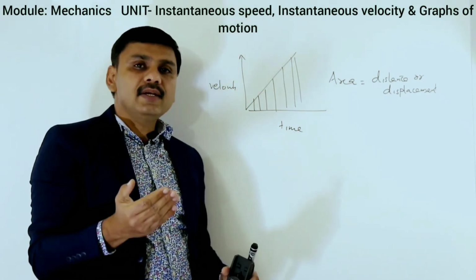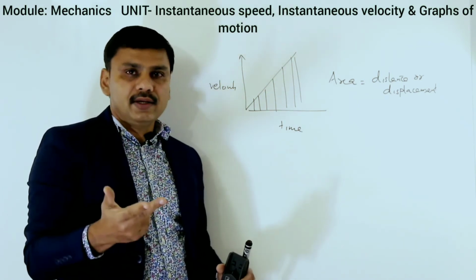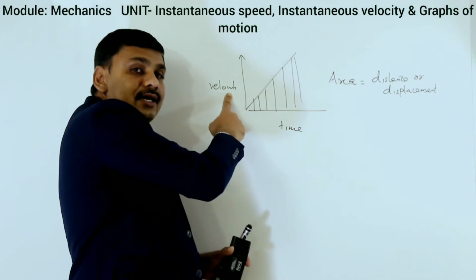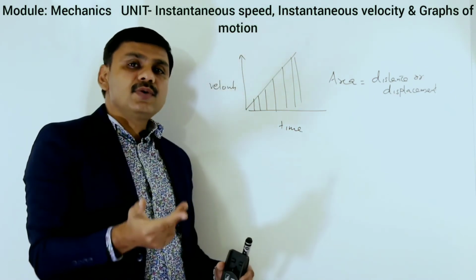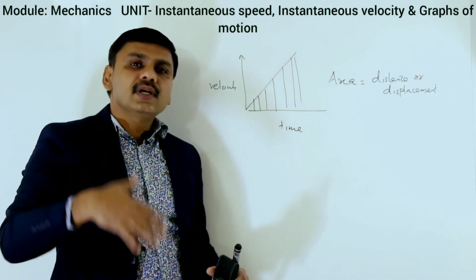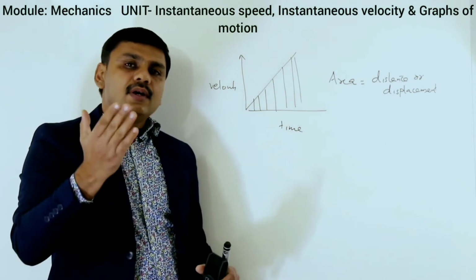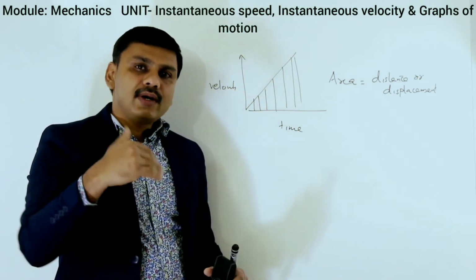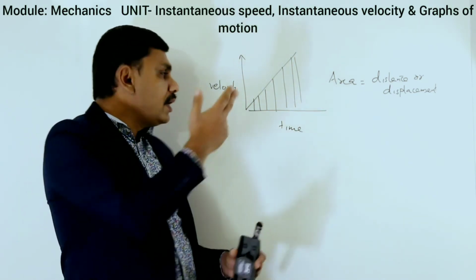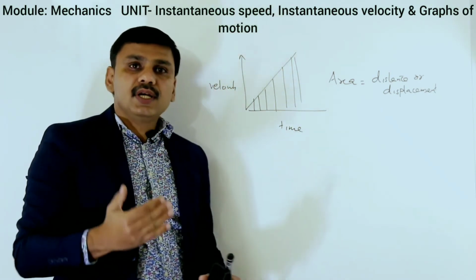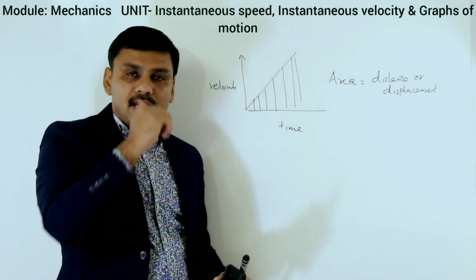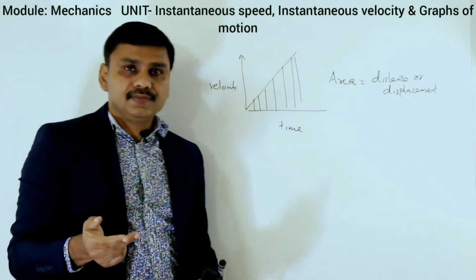But gradient means the next quantity of y. Here y is velocity. So after velocity, what is the next quantity? It is acceleration. So gradient gives the next quantity of y. If you take the gradient of a velocity time graph, you will get acceleration.